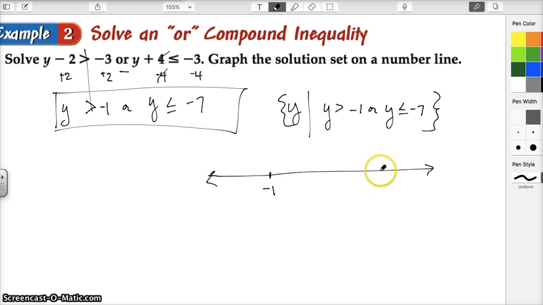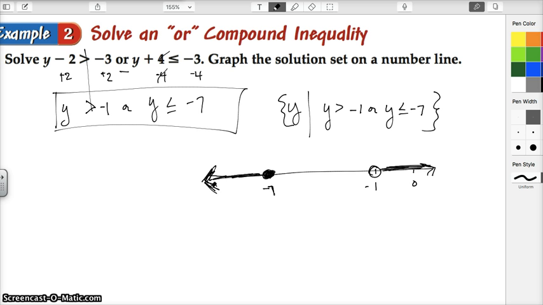Let's put -1 over here, because I'm going to be dealing with -7, 0 somewhere over here. So -1 is here, y is greater than that, open circle on -1, shading everything to the right because y is bigger than that. And then y is less than or equal to -7, so solid circle because it can equal -7, and I'm shading like this.